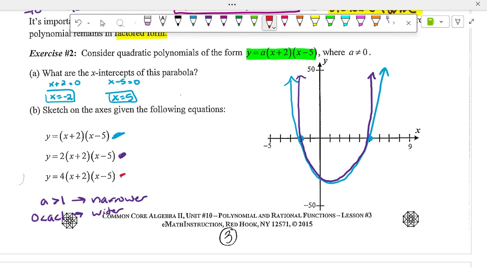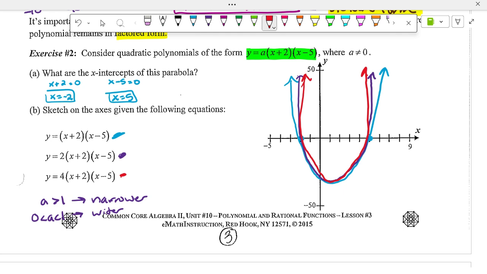And the third graph would be even thinner than the second. These aren't perfect, but that is how they affect each other. The bigger the A value, the narrower the graph's going to get.